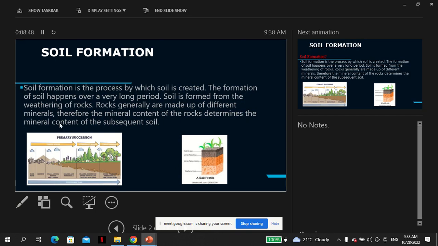The soil is basically formed from weathered rock. Rocks are generally made up of different minerals, therefore the mineral content of rocks determines in large part the mineral content of the subsequent soil.